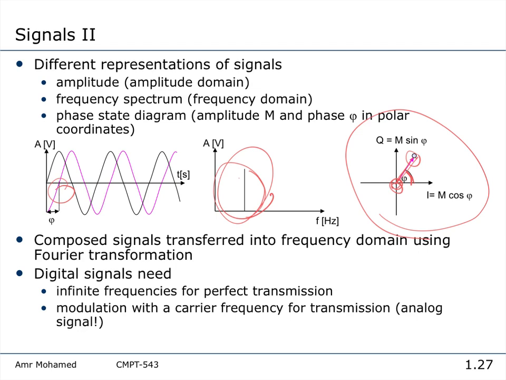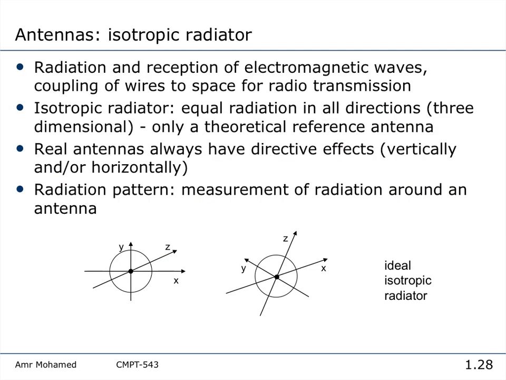And we said that a discrete composite signal can be represented using a finite number of sine wave components. This is what Fourier came up with. We'll talk about the antenna next time, inshallah.